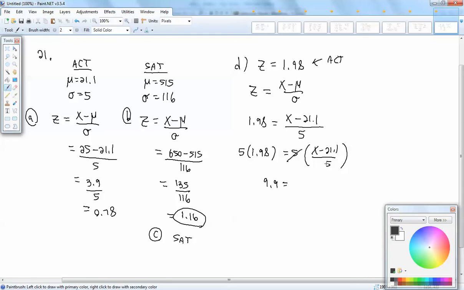Now over on this side, the 5's are going to cancel, and we got x minus 21.1. And then the last thing we need to do is take this negative 21.1 over to the left side, and we got 9.9 plus 21.1 equals x.